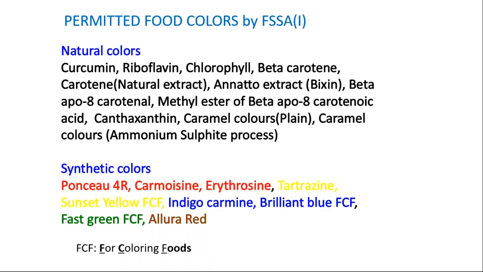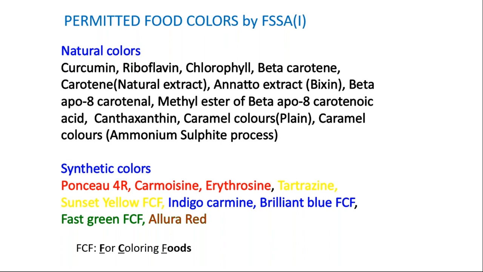So the natural colors, here is the list of natural colors. Curcumin to give you a yellow color, chlorophyll to give you a green color, beta carotene to give you an orange color. You have the caramel colors, which are also included in the natural colors.